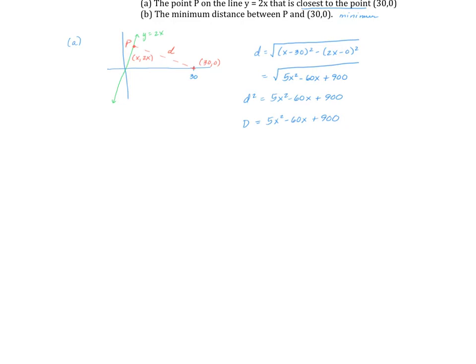Before I take the derivative though, I have to think about the constraints that I have on my x values. Unfortunately, there are none. My x values are any point on the line y equal to 2x. The domain of that line is all real numbers.